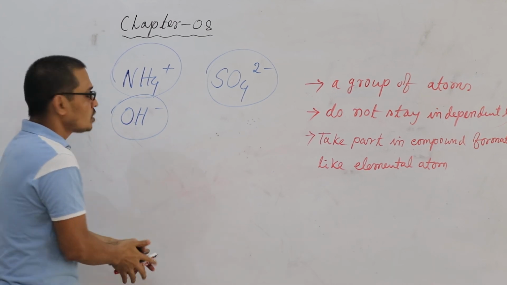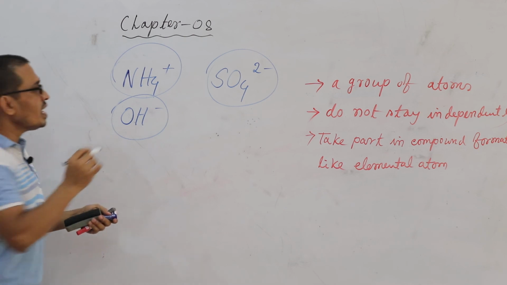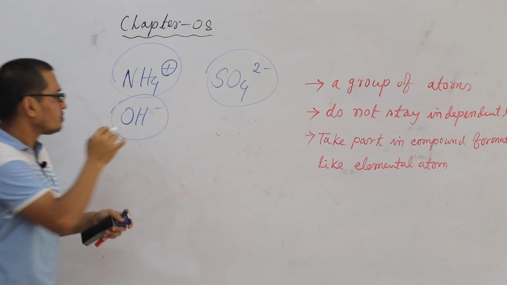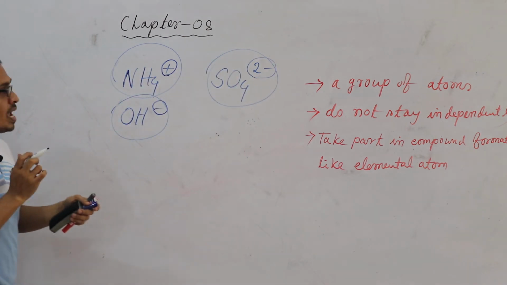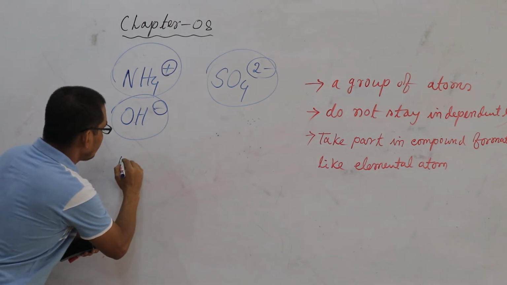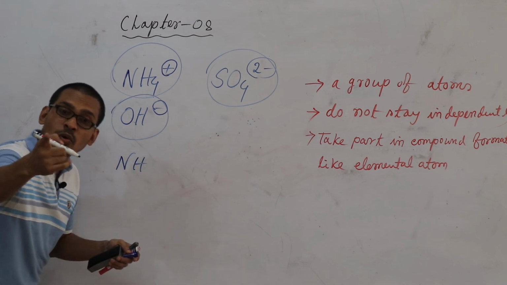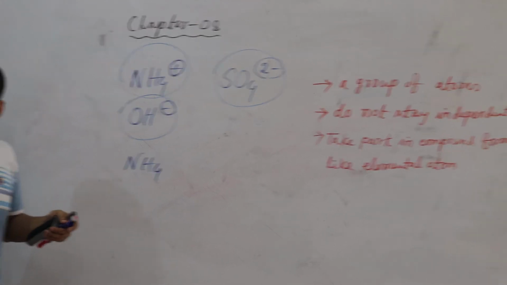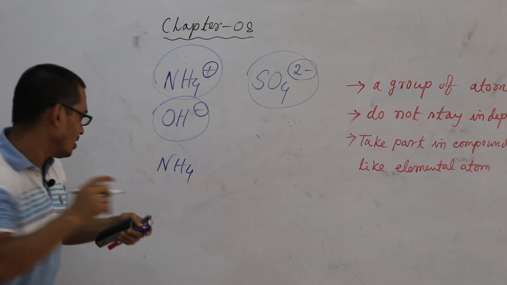Suppose a well-known radical, ammonium, this plus indicates its charge. In the valency side you will get the valency of ammonium is 1, and you know the valency of chlorine is 1.